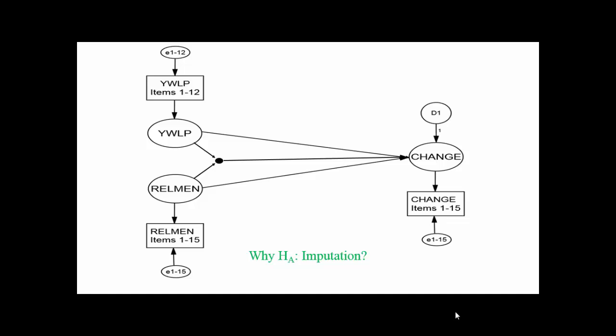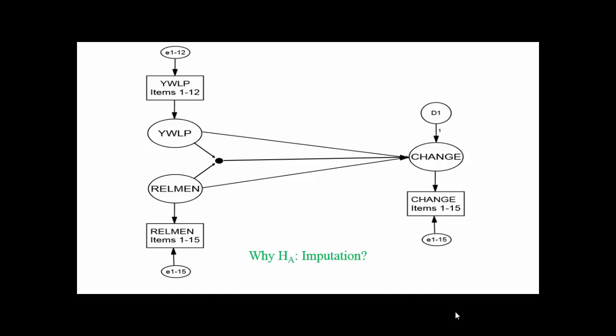So what this particular researcher wanted to look at was to form a latent variable that quantified how active each teenage participant was in the YWLP program. So these 12 items just get at how active were you in the program? Did you attend the meetings? Did you go to the community action meetings and so on?